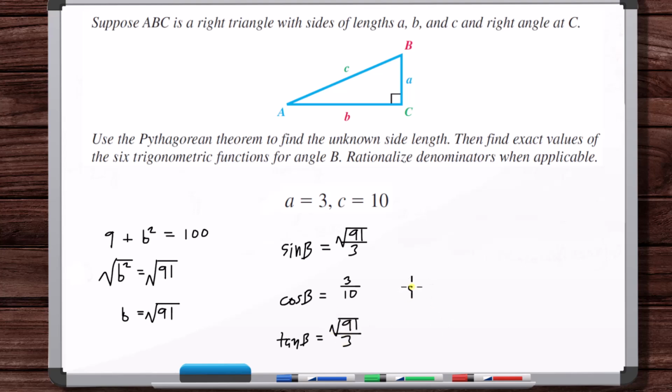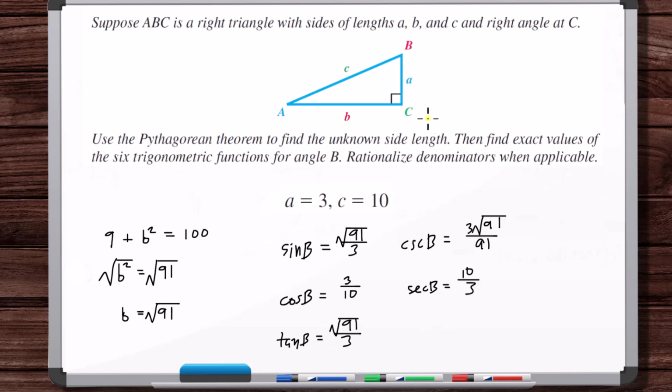Okay, secant of B is 10/3. Cosecant of B is 3 over root 91, so times root 91 over root 91, that's going to be 3 root 91 over 91. Cotangent of B, 3 over root 91. Oh, okay, same thing. Is that right? No, that's not right.